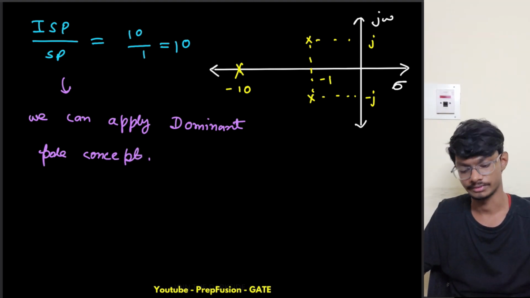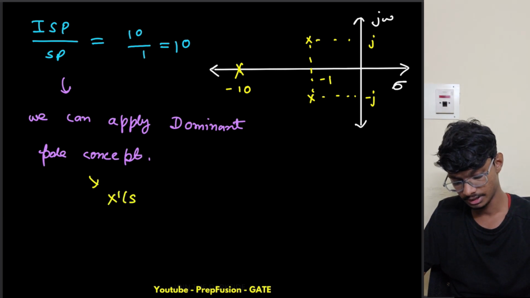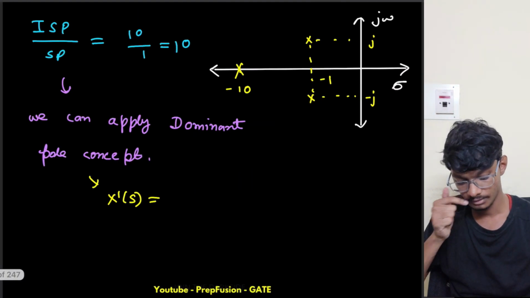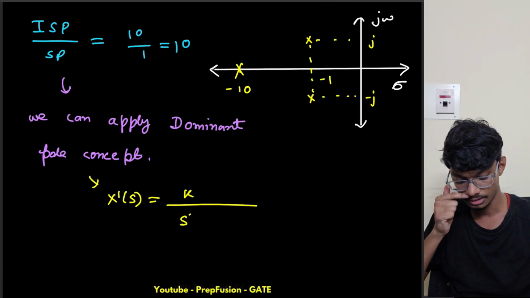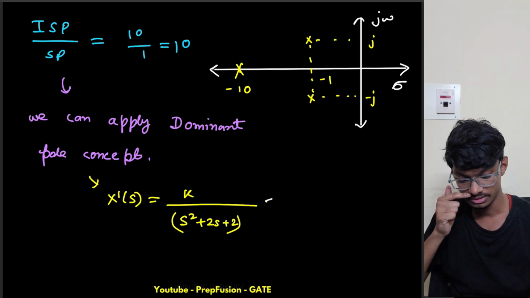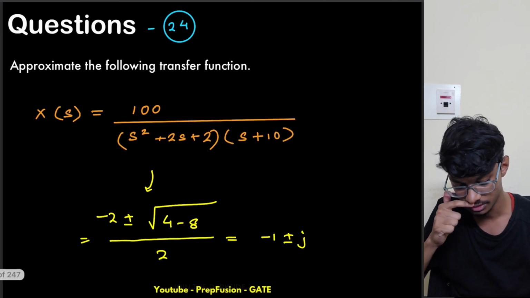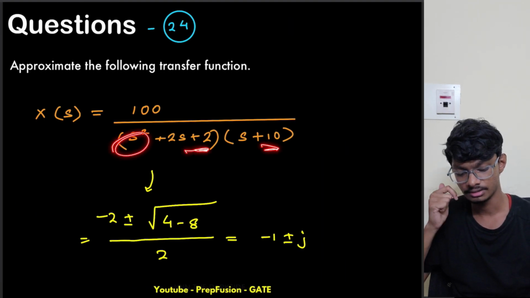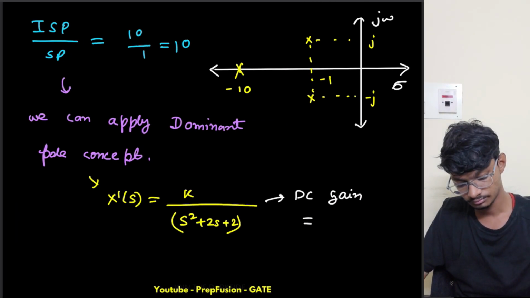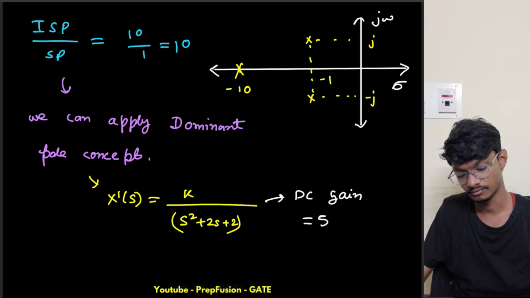we can apply the dominant pole concept, right? So what is this x dash of s? x dash of s will become k upon s square plus 2s plus 2, and the DC gain, right? What is the DC gain? I put s equals 0 here, so we get 2 times 10 by 100, so 10 by 2 is 5. 10 by 2 is 5 only. So from there we can find the value of k.